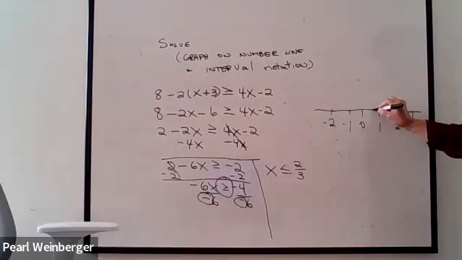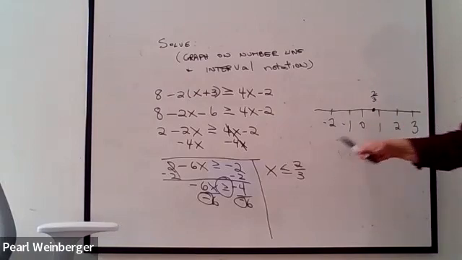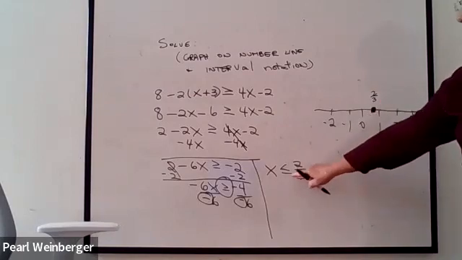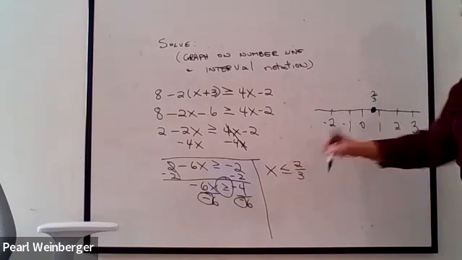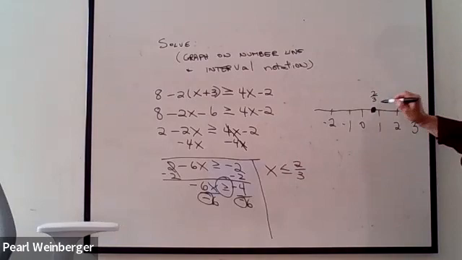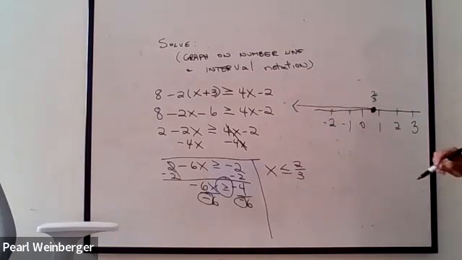So I'm going to put it right here. Here's my 2/3. And be careful. We want a filled in circle because it says less than or equal to. And we want our arrow pointing to the left. That is what it would look like on the number line.